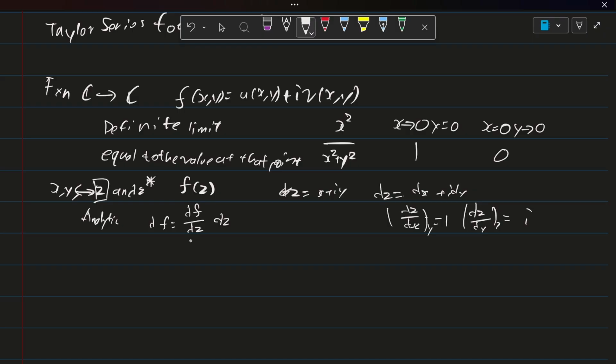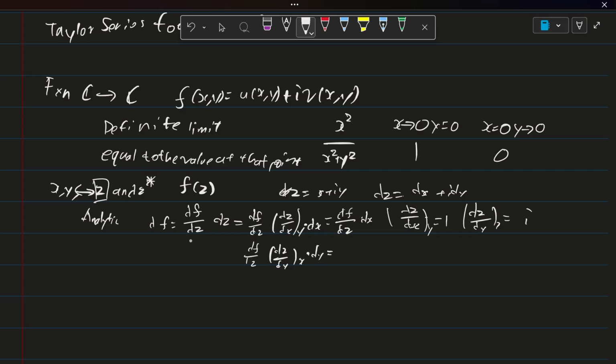And the way that we do this is that we could express this as df over dz over dx at constant y times dx. It's the same thing, and this is the same as df. It will be df over dz times dx. And then at the bottom side, it's df over dz over dy at constant x times dy.